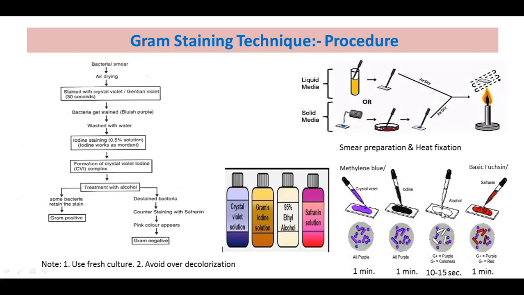After that, apply the decolorizer, that is 95% ethanol. You can allow the interaction for 10 to 15 seconds, or you can treat further until you find a colorless washout.